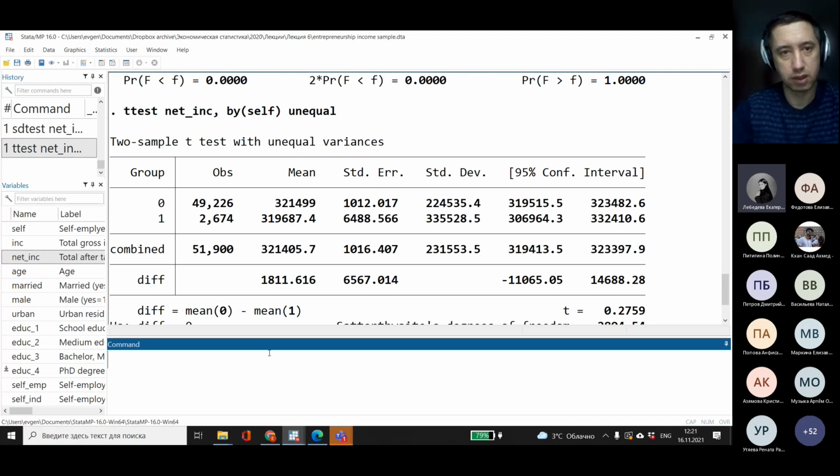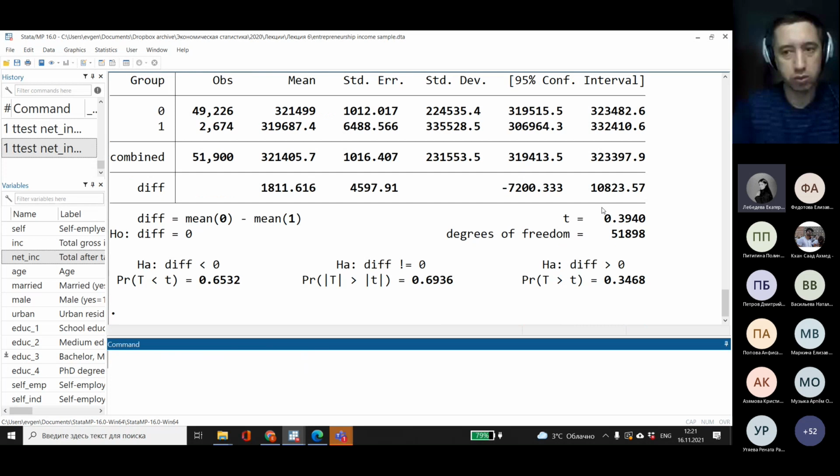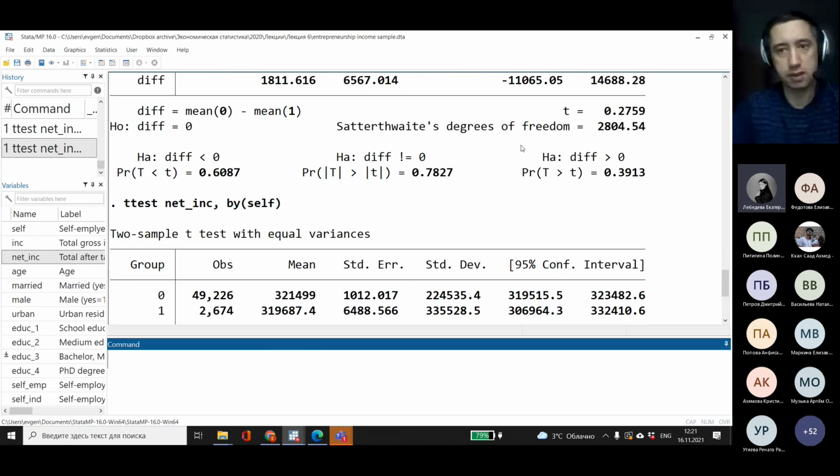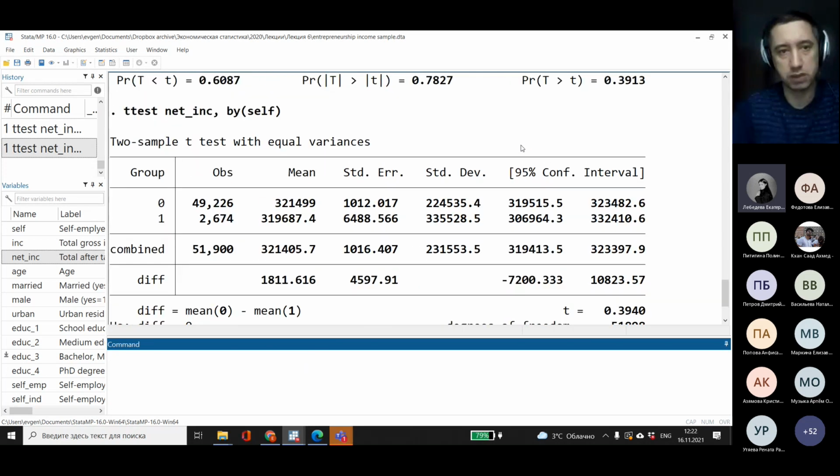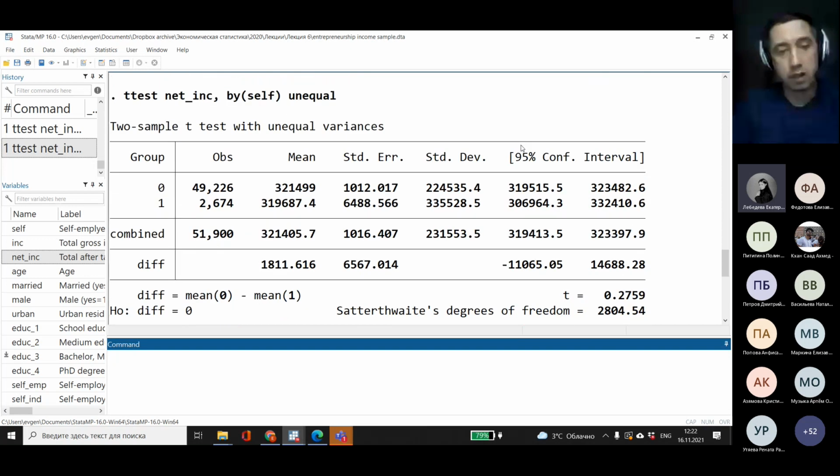Without the unequal option, our t-statistic is different, and results could be different, as you know. Well, in principle, that's it about comparison of variances.